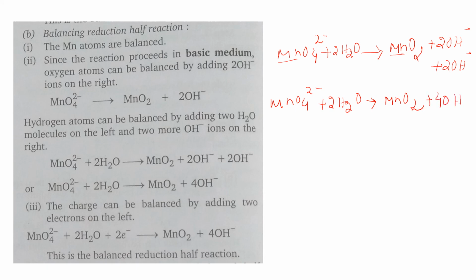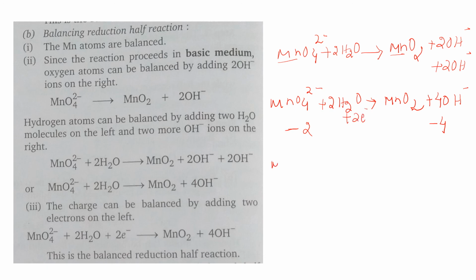So total what I am getting, MnO4 2 minus plus 2H2O is giving you MnO2 plus 4OH minus. Now look for the charge. This is minus 2 charge and here it is minus 4 charge. So that means the left hand side is deficient of 2 electrons. So 2 electrons can be added here to balance the charge. Okay.